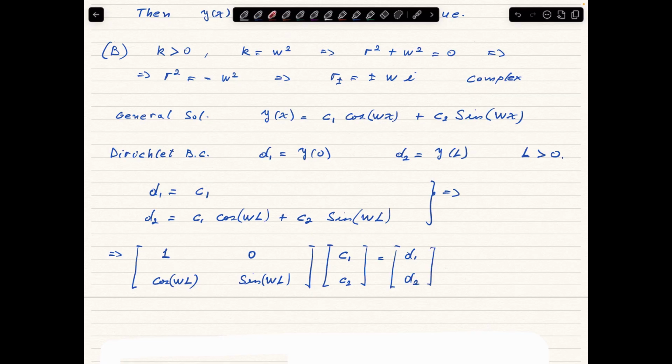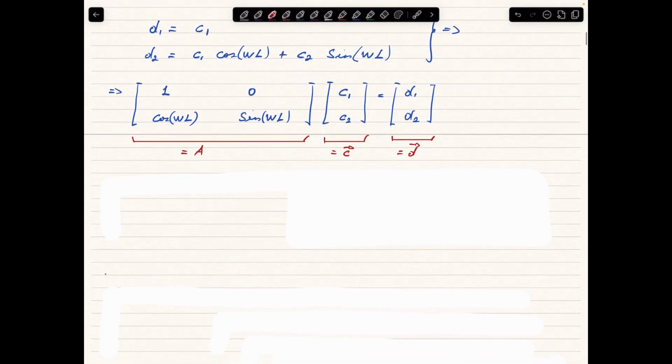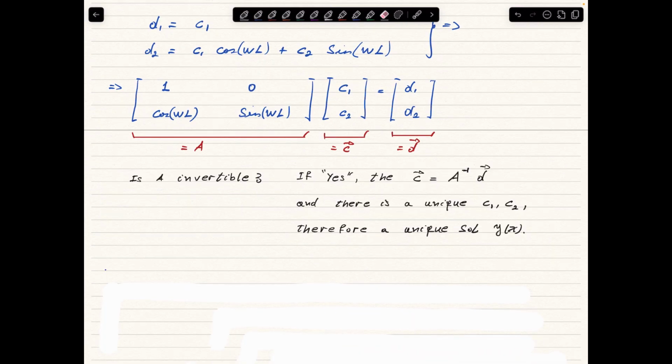Well, here we have our matrix A as before. Now A is different because K is different. So this is our matrix A. This is the same vector we introduced before, the vector with the constants C. And here is the vector with the constants D. And now we have the same question as before. Is matrix A invertible?